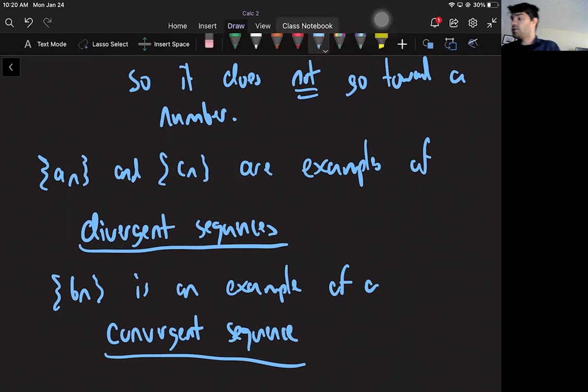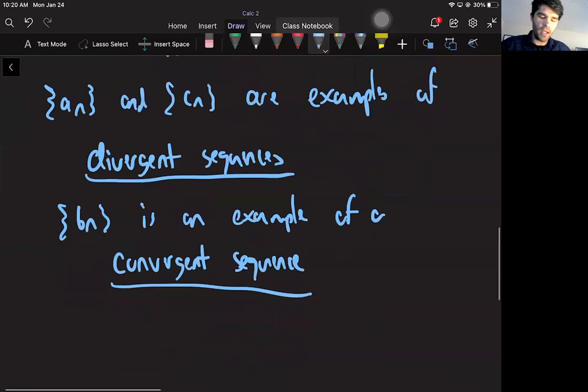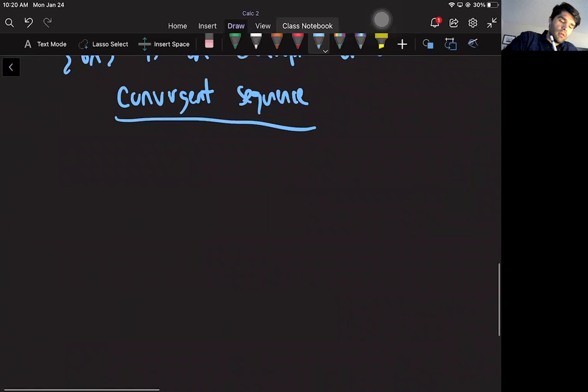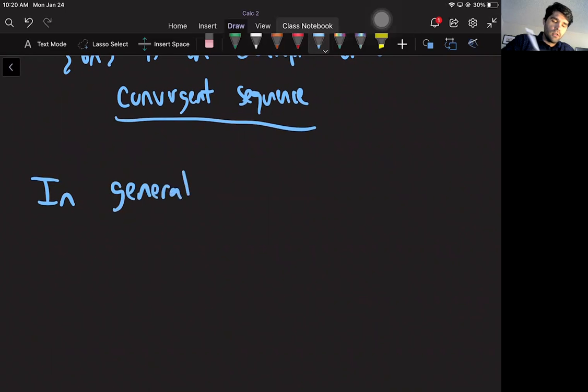Now, going towards something, we had a phrase for this in Calc 1 that we're going to bring back now. So that we're really talking about limits here. Something we learned in Calc 1, but for functions. And now we're doing it for sequences. So in general, this is how it works.